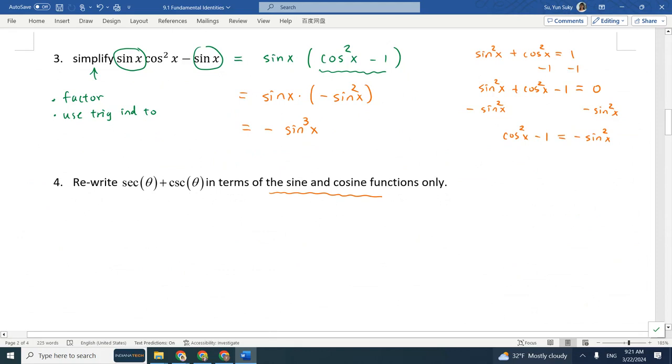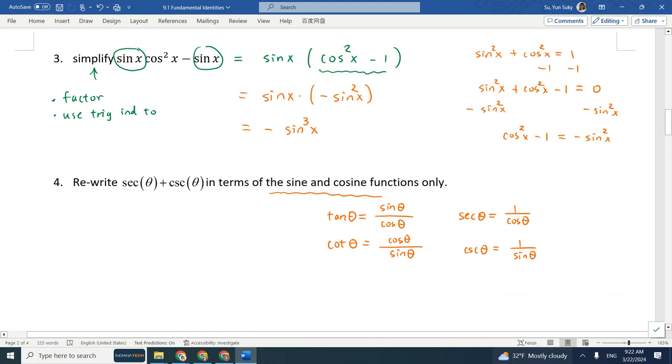Sine is sine, cosine is cosine, but tangent is what? Sine over cosine. Cotangent is cosine over sine. Secant is 1 over cosine. Cosecant is 1 over sine.